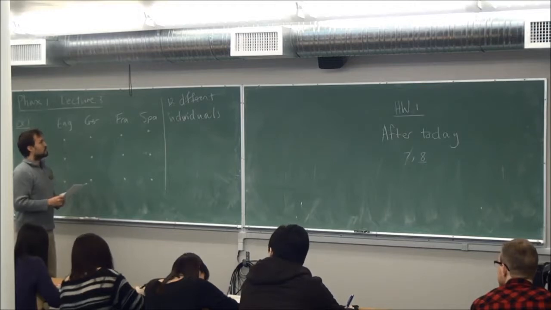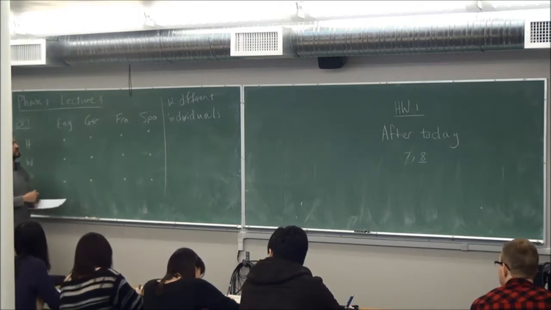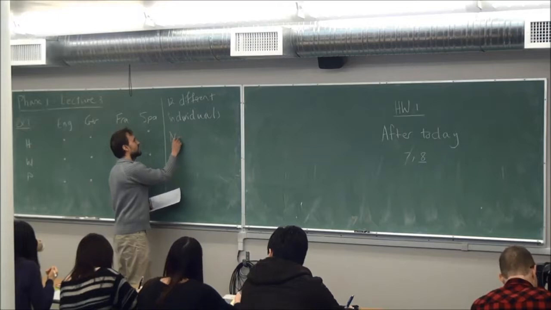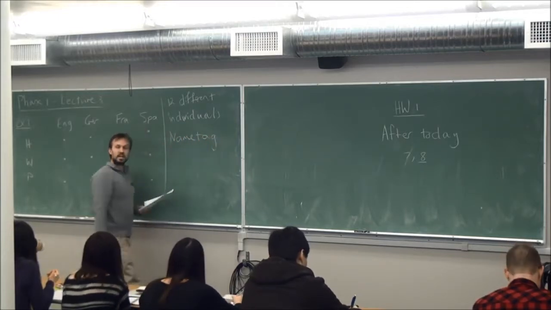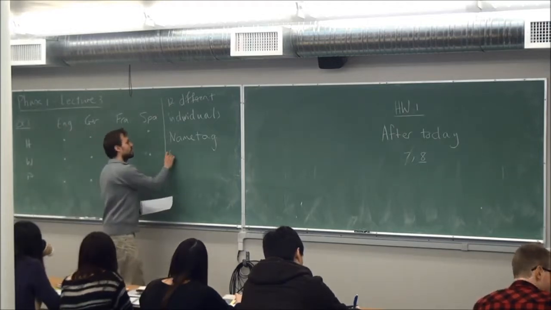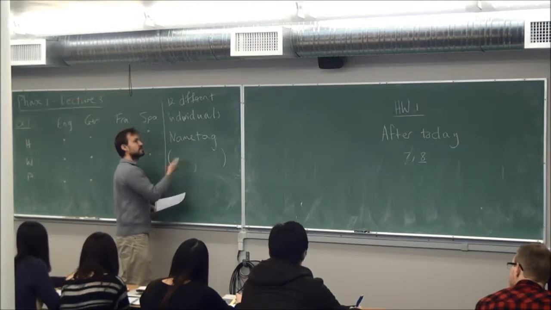So instead of thinking of people and pets, let's pretend everyone has a name tag. Now how you attach the name tag to a pet is totally up to you. I'm just sort of pretending. Every individual has a name tag.